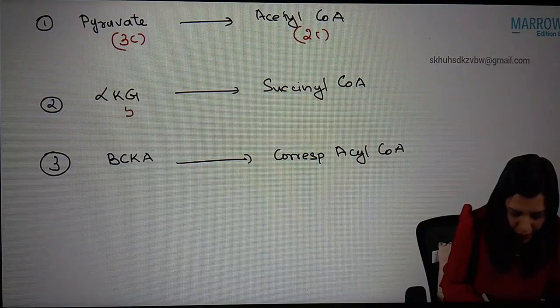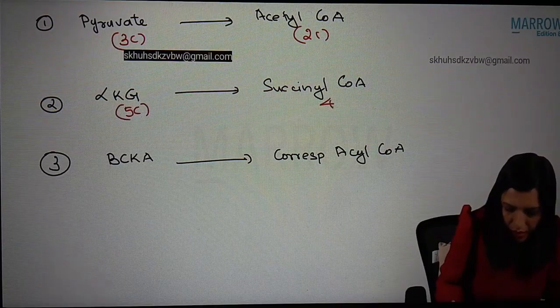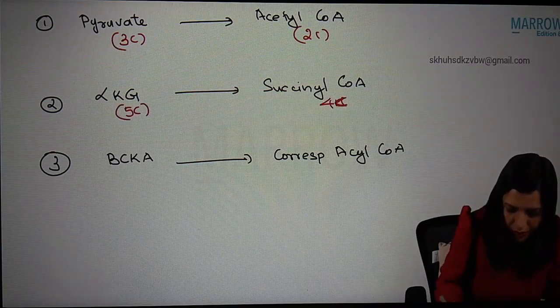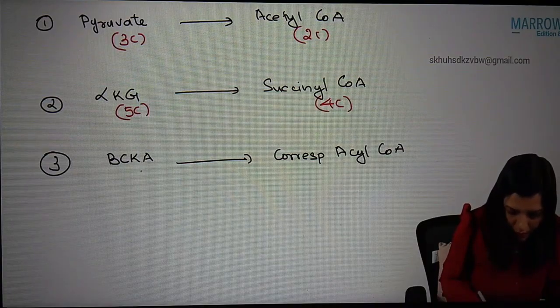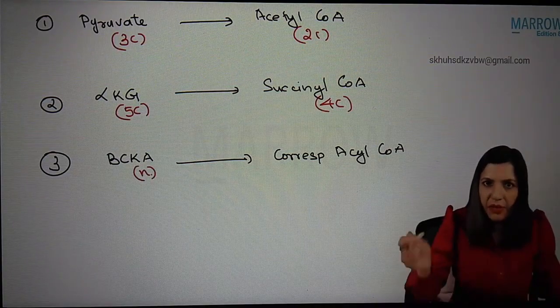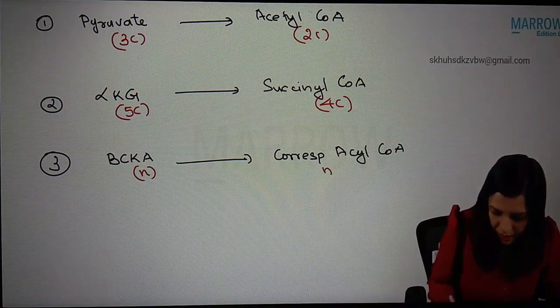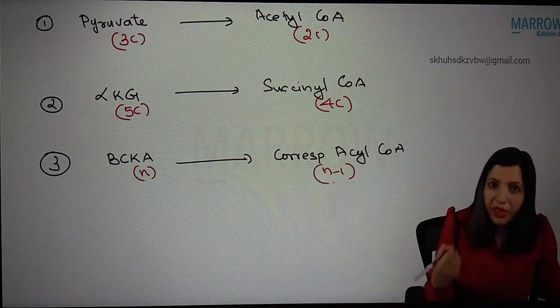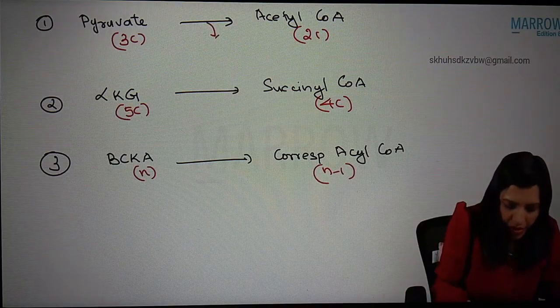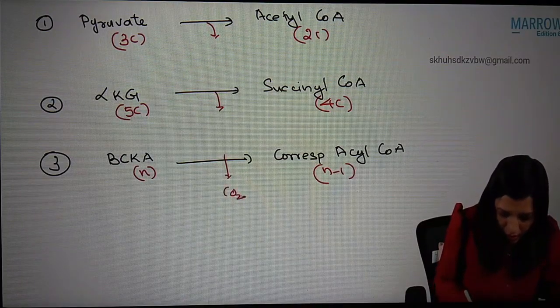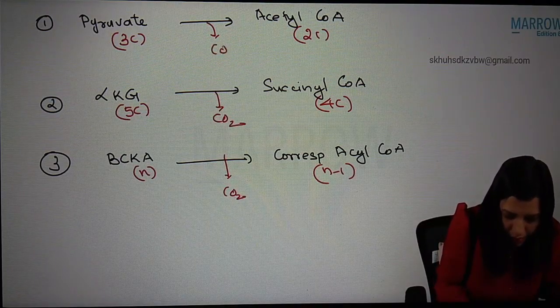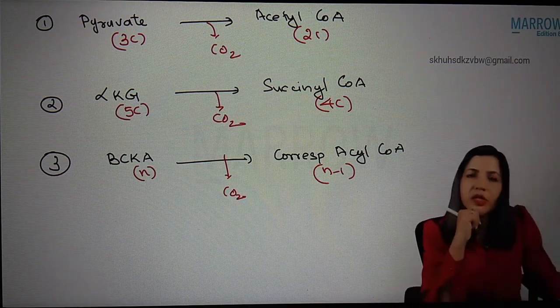This is a 5-carbon compound, this is a 4-carbon compound. This can be N number because there are various branched chain keto acids. So I'm just writing N. This is N minus 1, which says in all these reactions, carbon dioxide is removed. So does it belong to lyase?